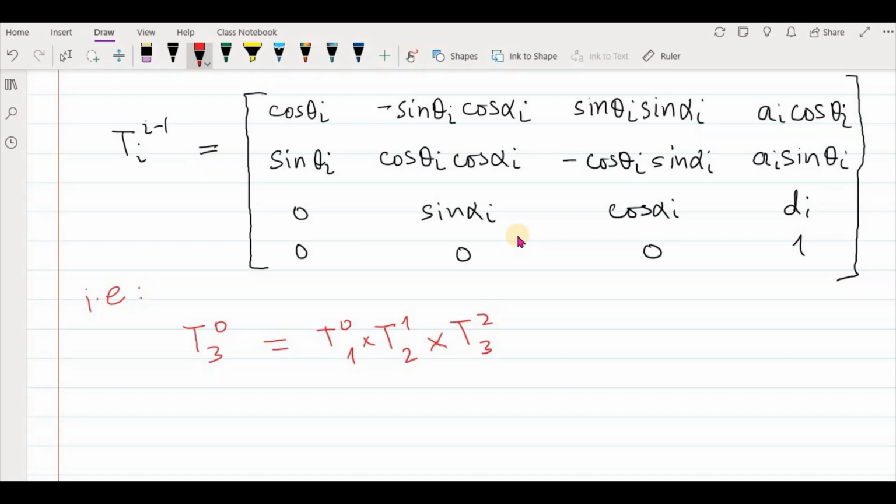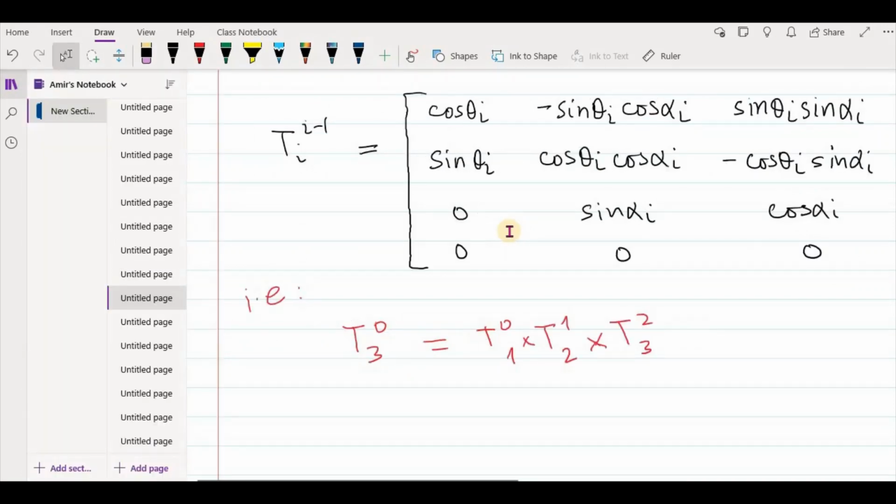These 4 parameters you must know, and then you put them in this matrix here and you will get this transformation. Then you repeat this process 3 times and multiply the 3 of them to get a final transform of your end effector to your base frame or the reference frame. Let's quickly see an example of how we can do that.